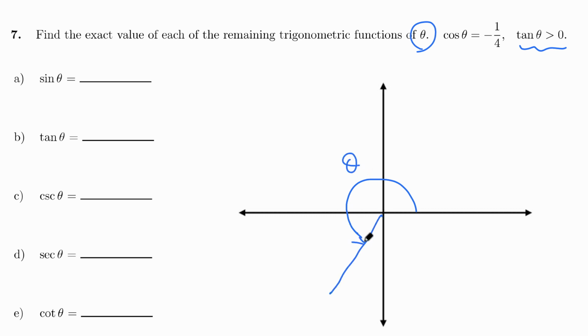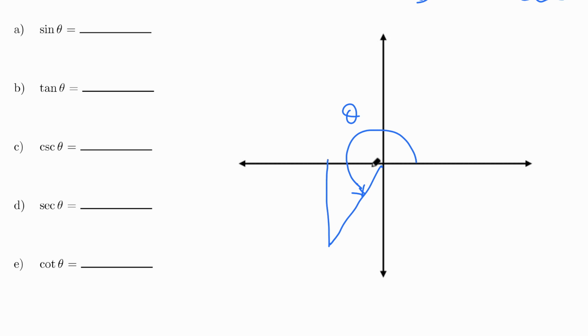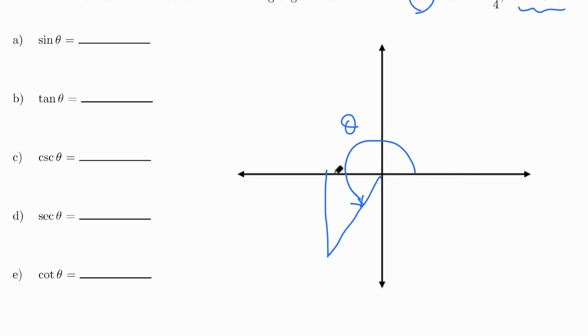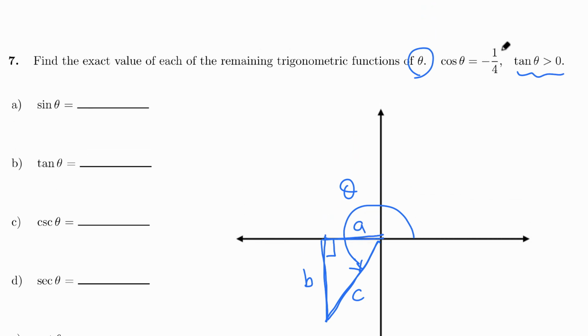It's theta, and we always draw the right triangle on the x-axis. You can draw anywhere, it doesn't have to be exact. So here's theta, this will be opposite side b, this is hypotenuse c, this is adjacent a, and cosine is -1/4. This negative we can regard for the top or the bottom, we'll see.